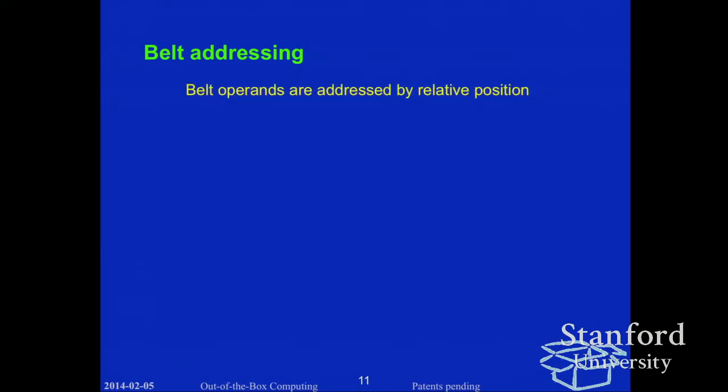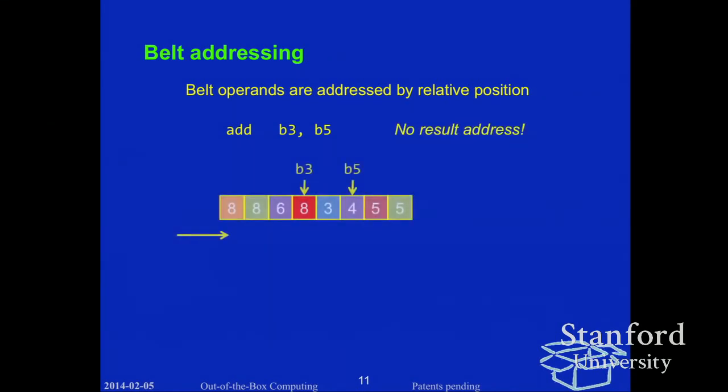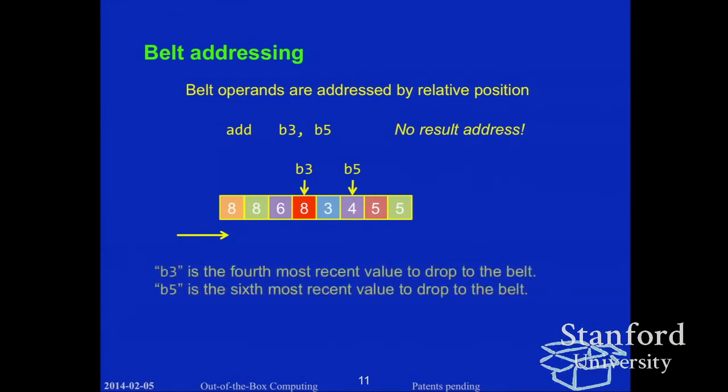Addressing into the belt is by relative position. So this, for example, might be an assembly language operation. This says add B3, belt position 3, to belt position 5. Note no destination. The results are implicitly dropped on the front. If you think about it, you realize that B3 is the 4th most recent value to have dropped to the belt.